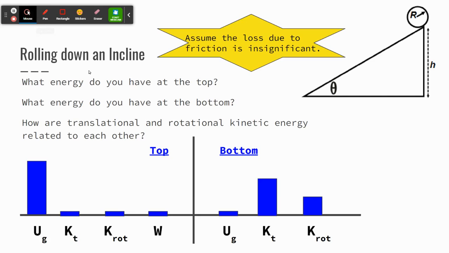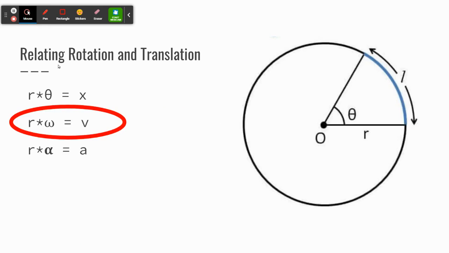Well, if you remember, my rotational stuff versus my translational stuff, if this is my radius and this is my angle, radius times my angle is equal to how much it rotates.